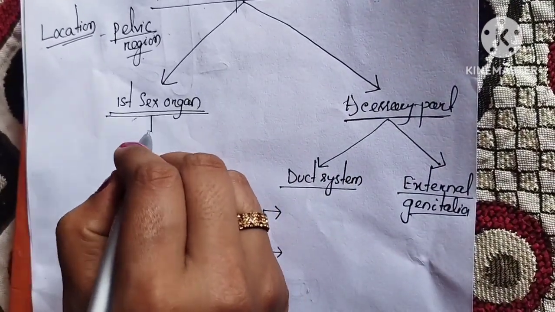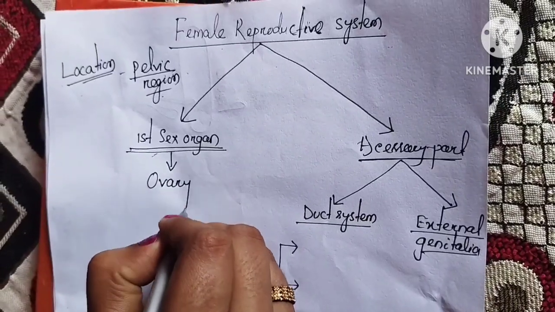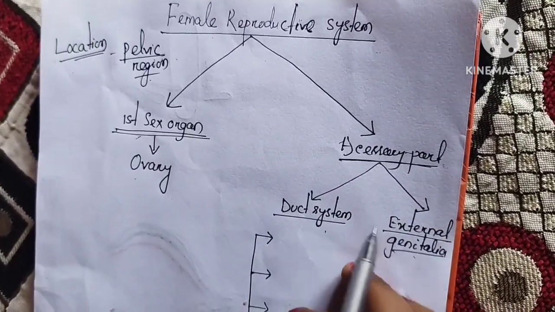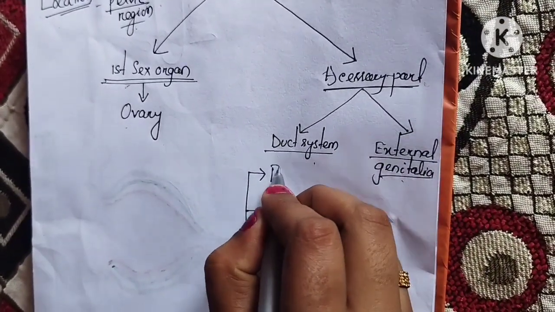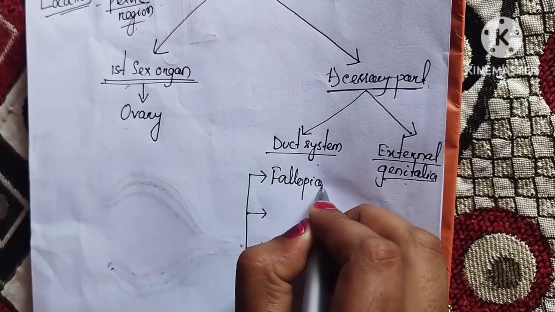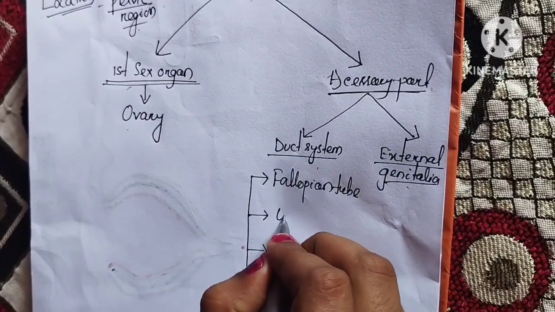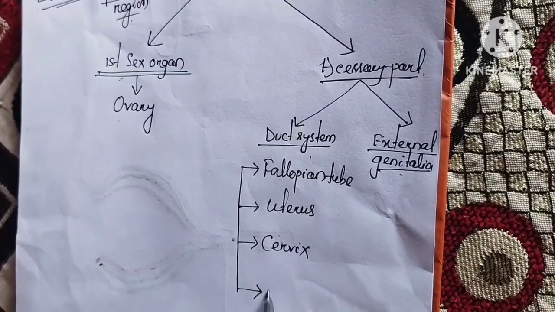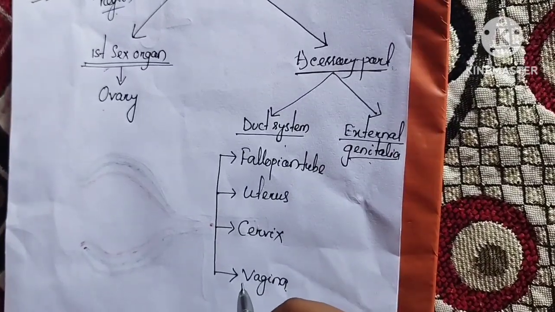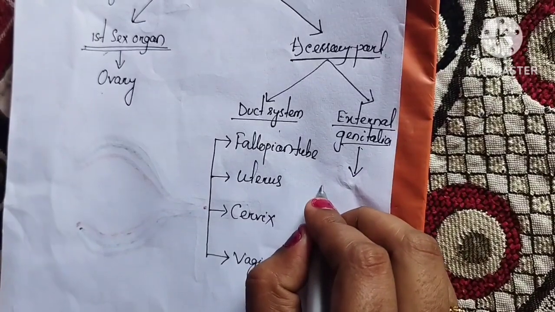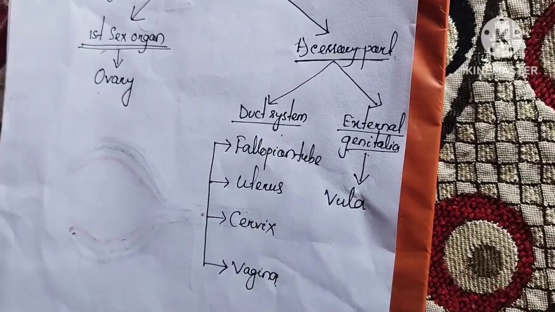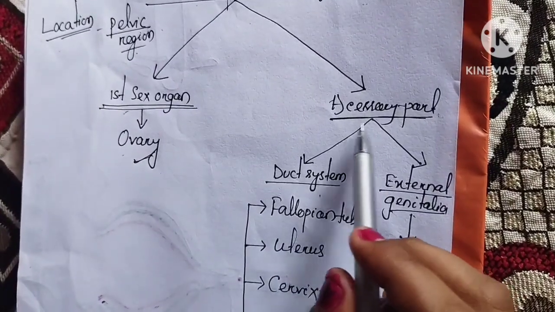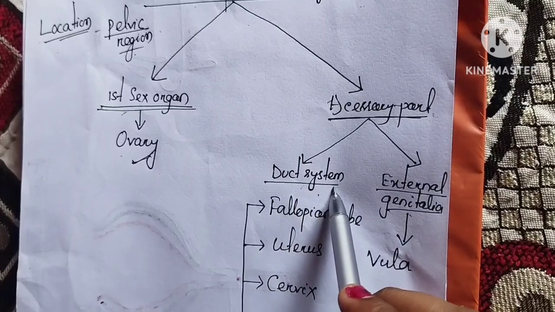The first sex organ is the ovary, and the accessory parts are divided into two: the duct systems and the external genitalia.